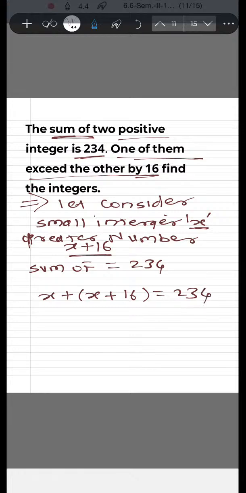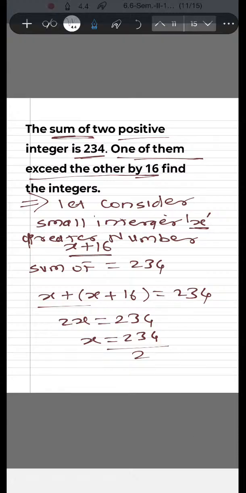Okay, just simplify. This is a variable and this is a number.